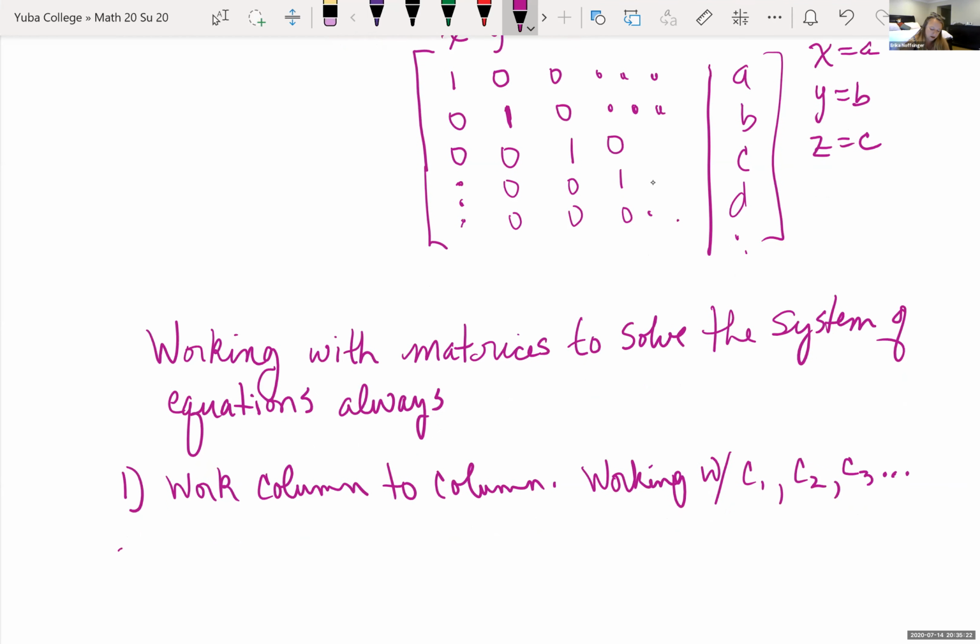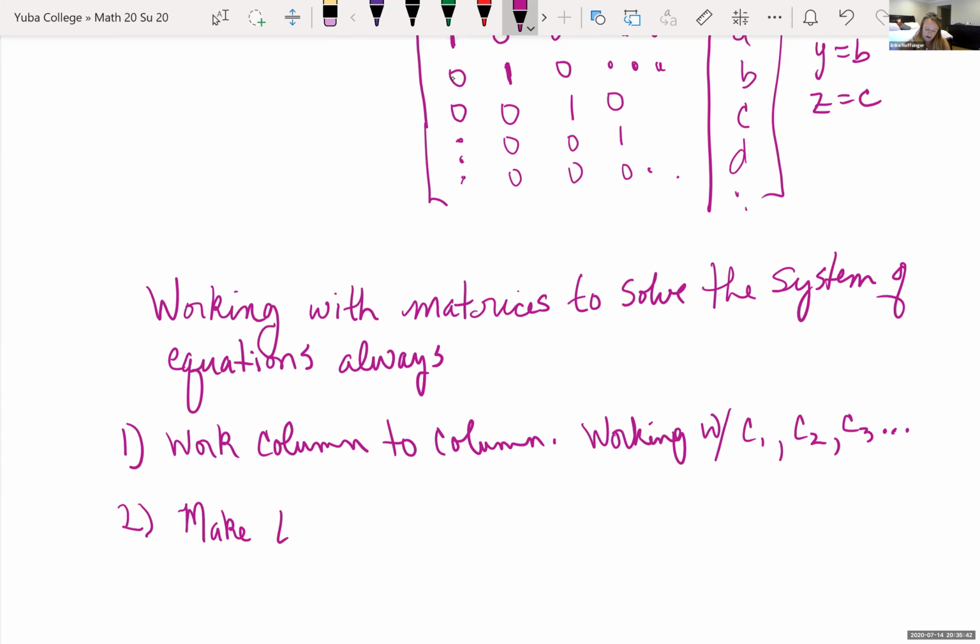It's also usually best if you get that number, what you want it to be, in that column of 1. And we call this one the leading one. So make the entry in the column a 1 where you need it.